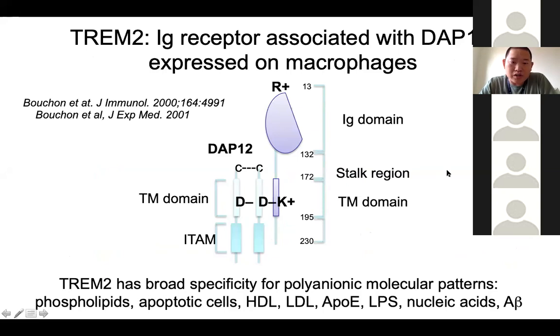TREM2 was found to be expressed only by microglia in the central nervous system. It has been shown that in vitro, TREM2 can bind HDL, LDL, ApoE, LPS, and other polymers, such as nucleic acids and A-beta.